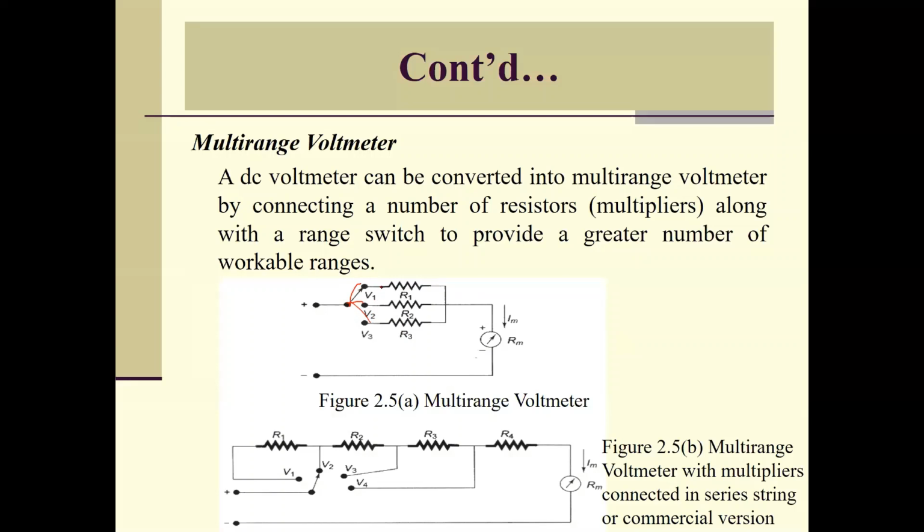Similar to the DC ammeter, but here we connect the resistors in series. You can see R1 in series with R2 and R3, or we can convert it into a drawing like this. Figure 5.B is a simplified drawing, which is clearer.